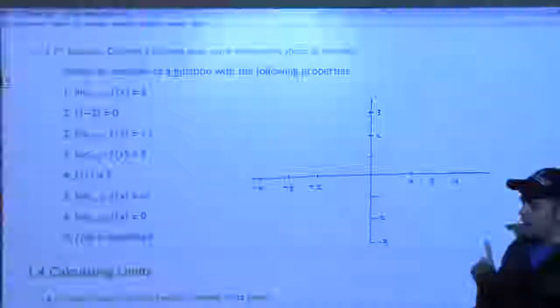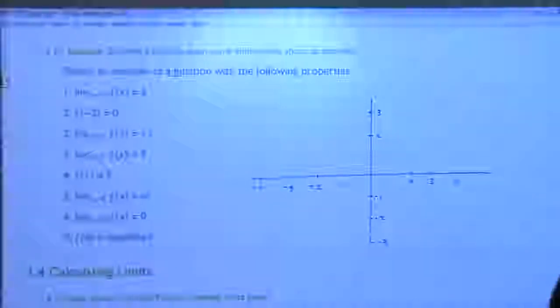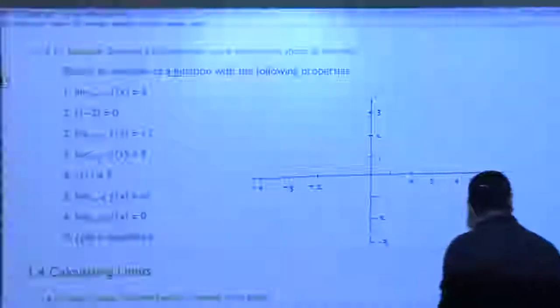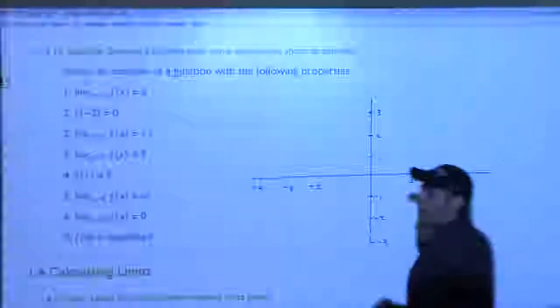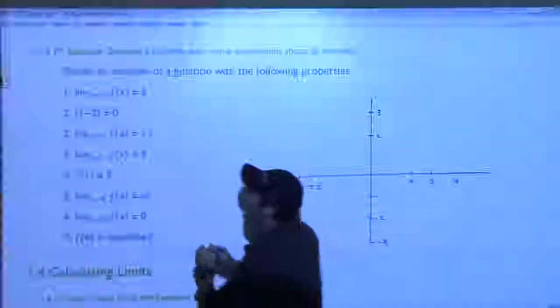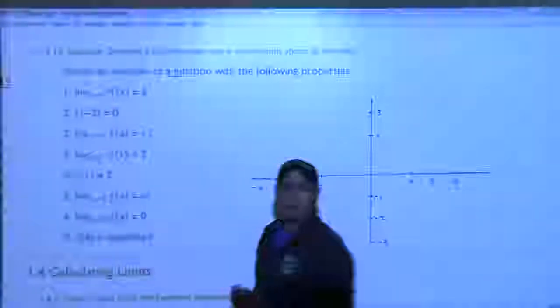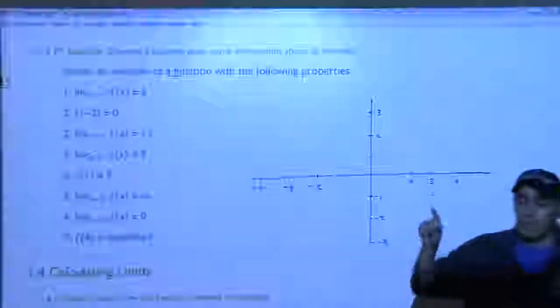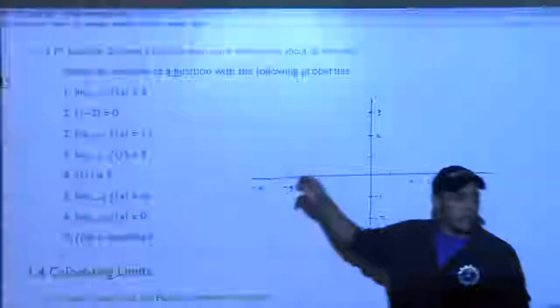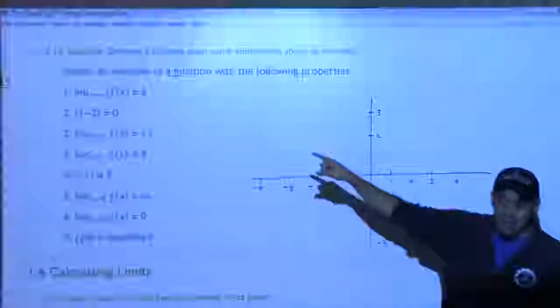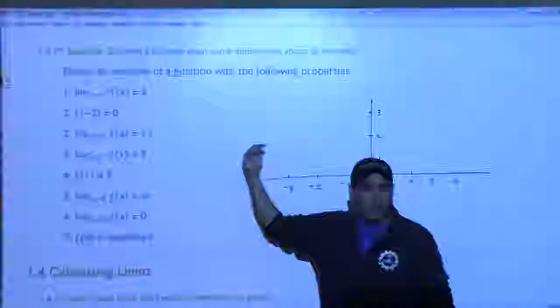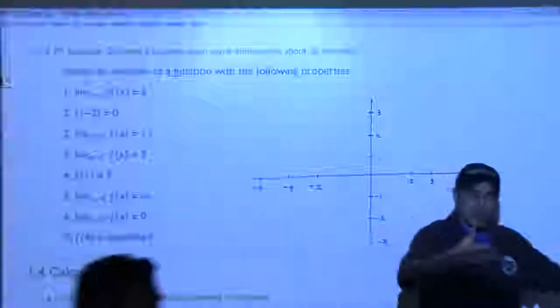Okay, so I intentionally put this here to trick you. The thing that tells you left or right is a plus or minus put in the top right corner of the number right there. If I put a plus there, then that would mean approach from the right. If I put a minus there, it means approach from the left. If I don't put anything there, what does it mean?